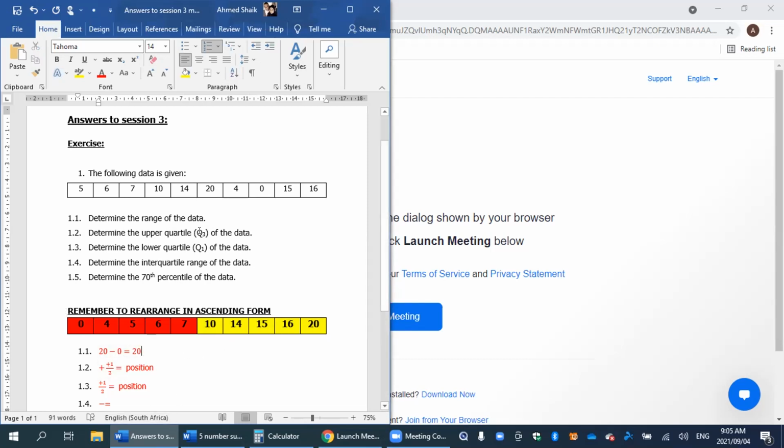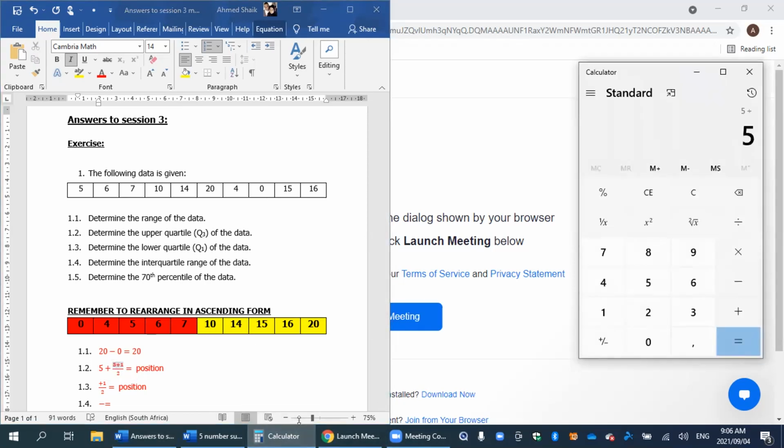So in 1.2, we were asked to work out Q3, which is the median of the upper half. Now our formula is n plus 1 over 2, where n is the number of values in the upper half. So we've got 5 values in our upper half. Let's put that into our calculator.